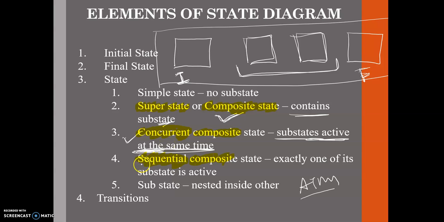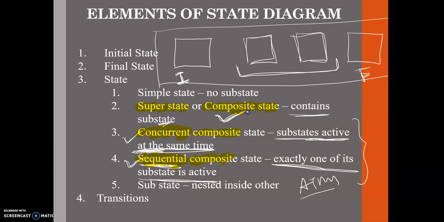But when I say sequential, it means exactly one of its substates is active, not all the states. So that is called sequential. We will understand this with one more example.